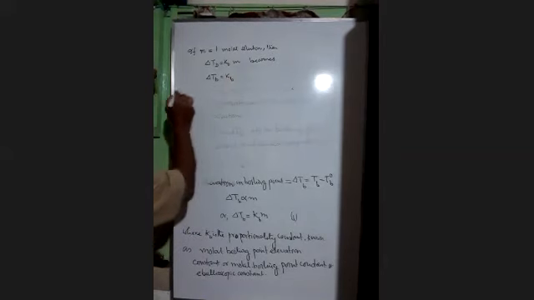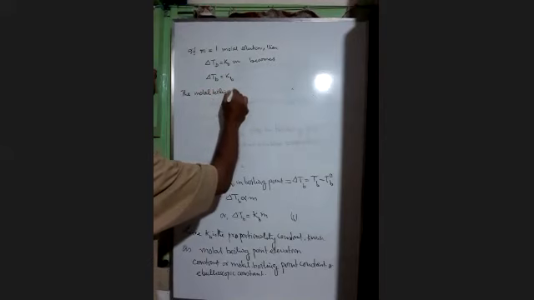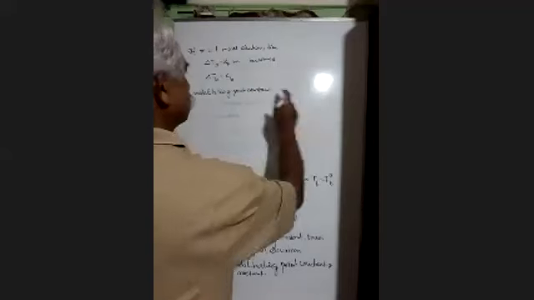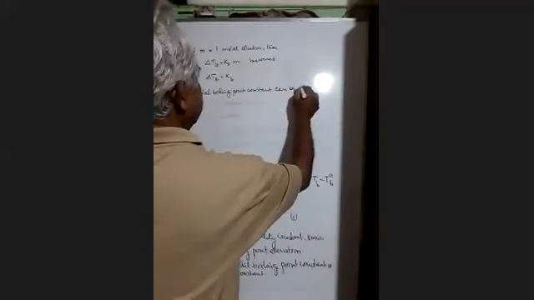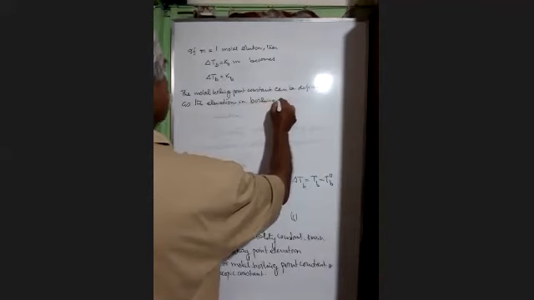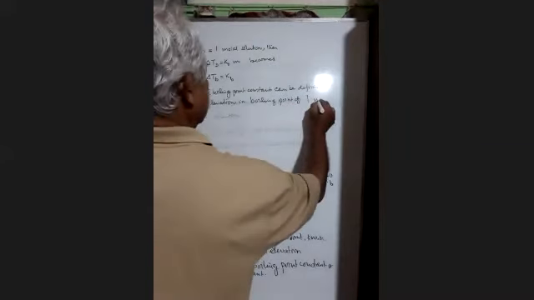So now we can define what is called molar boiling point constant. Thus molar boiling point constant can be defined as the elevation in boiling point of 1 molal solution.